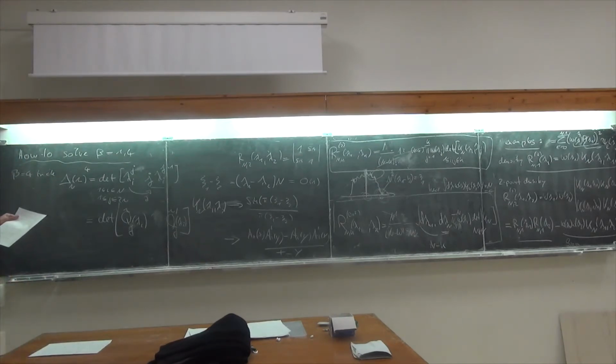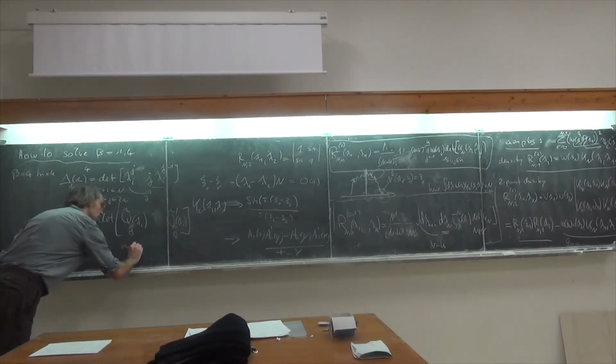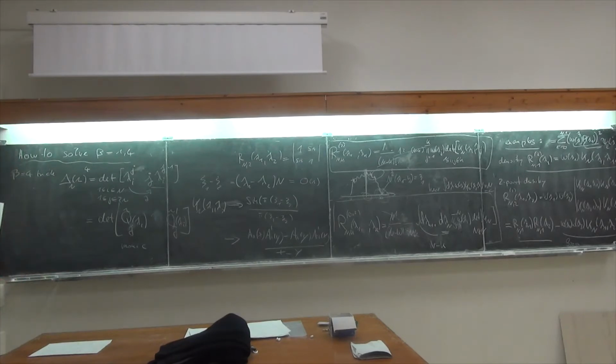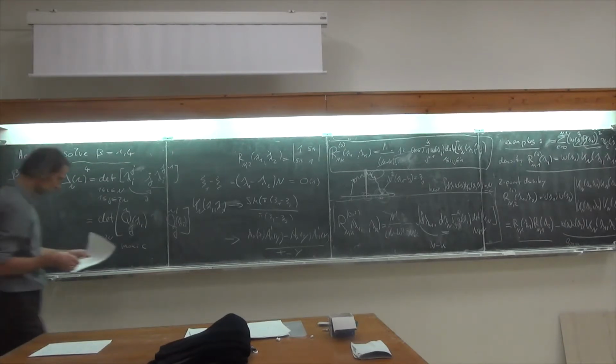So what we will have to do is find polynomials q, at the moment monic, such that we can do the integral. But now you see we have a single determinant of size 2n by 2n. So we will need some different strategy. We need a different scalar product and a different identity.